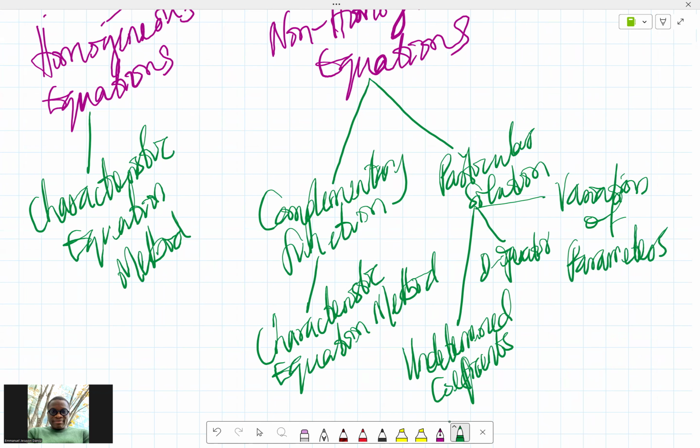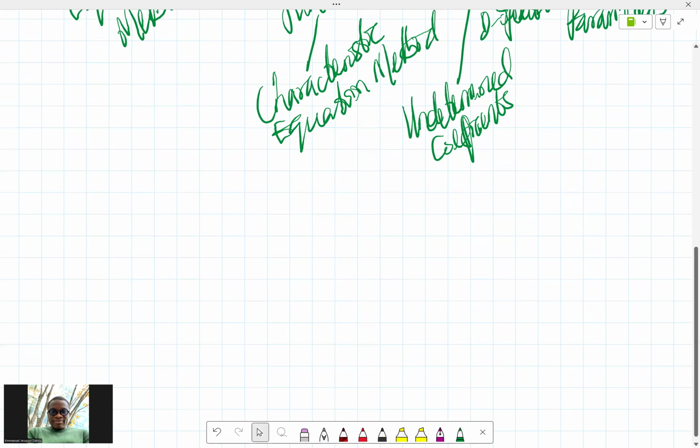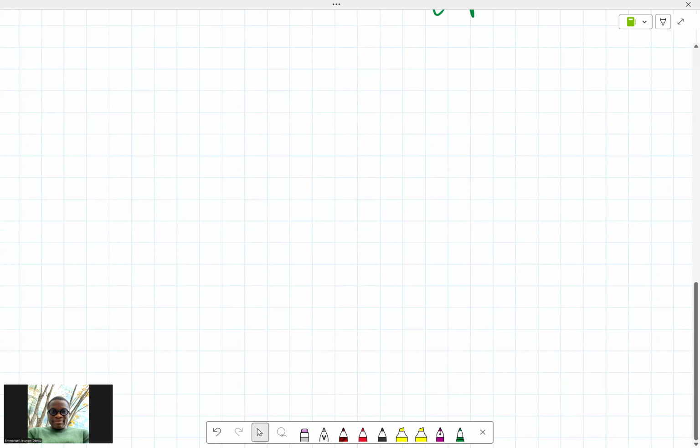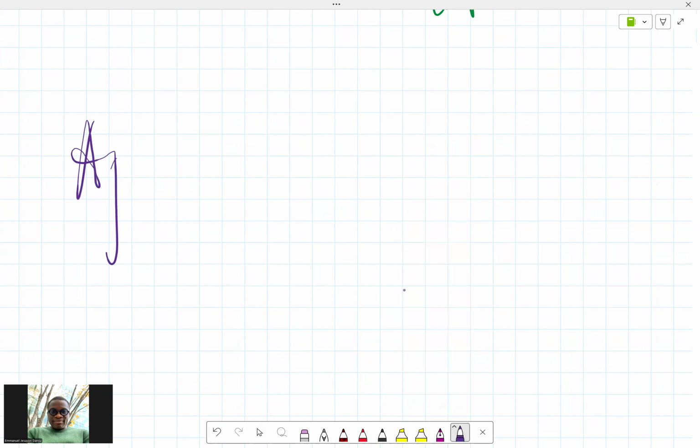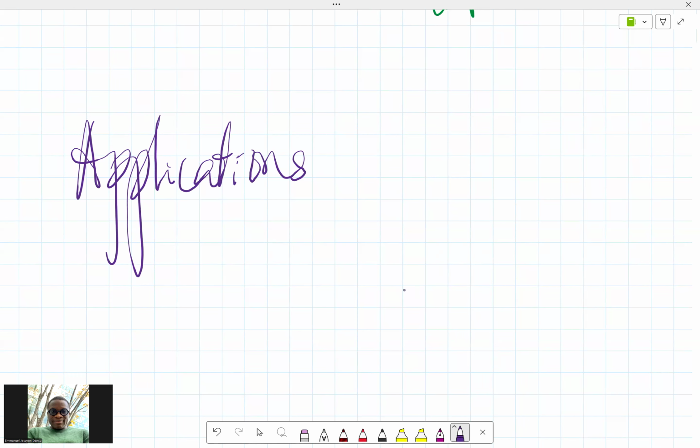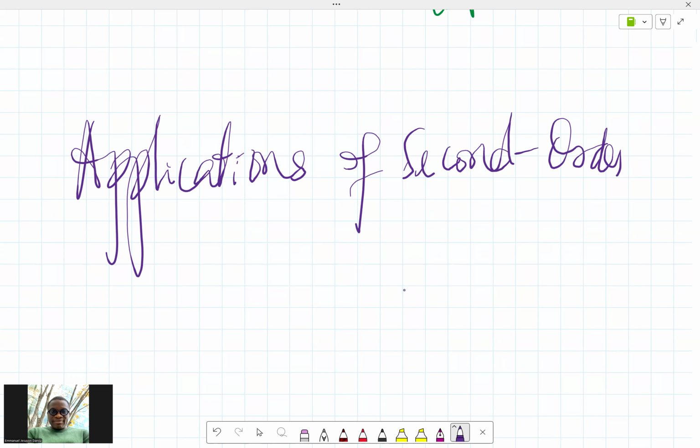All right. With all this in place, we are here to see some applications of second order ordinary differential equations. So our focus shifts to applications of second order ODEs.